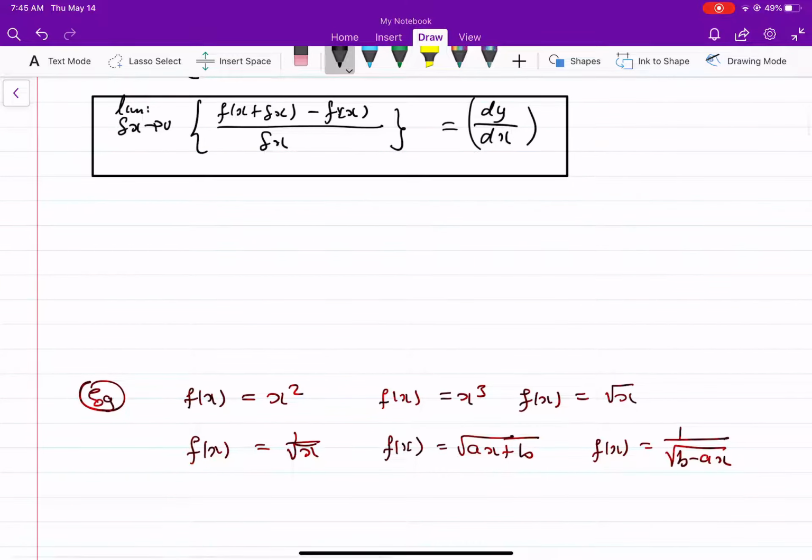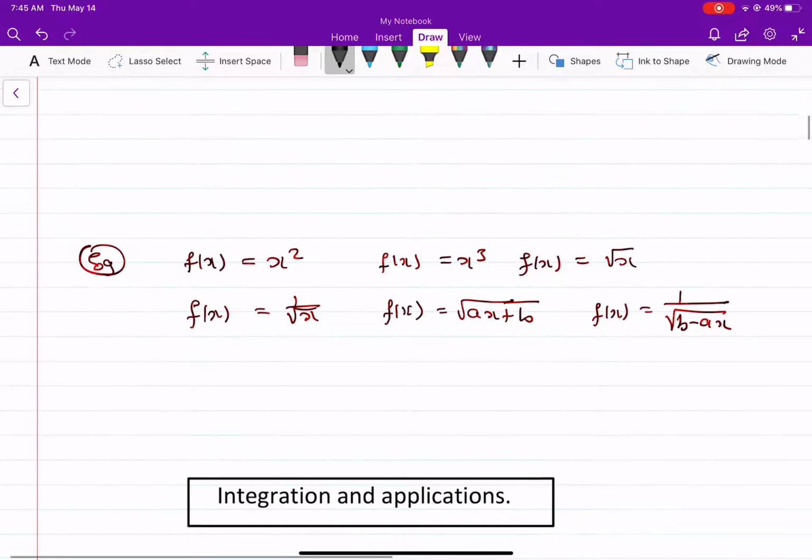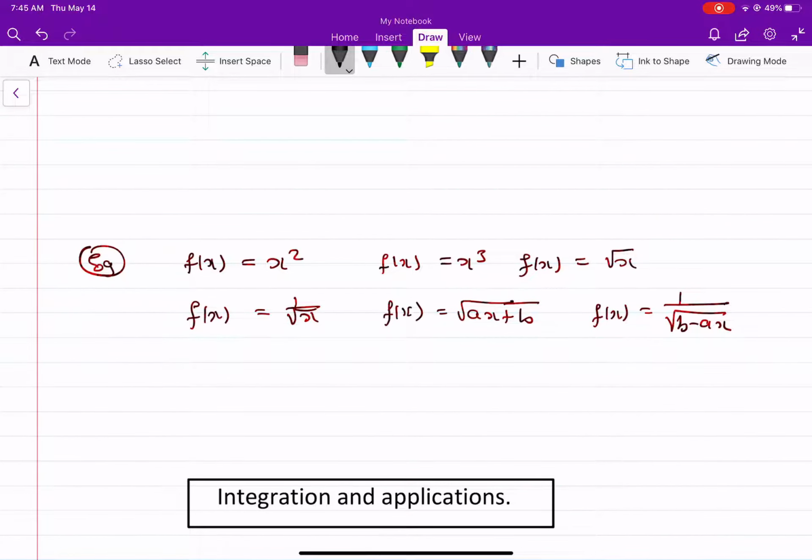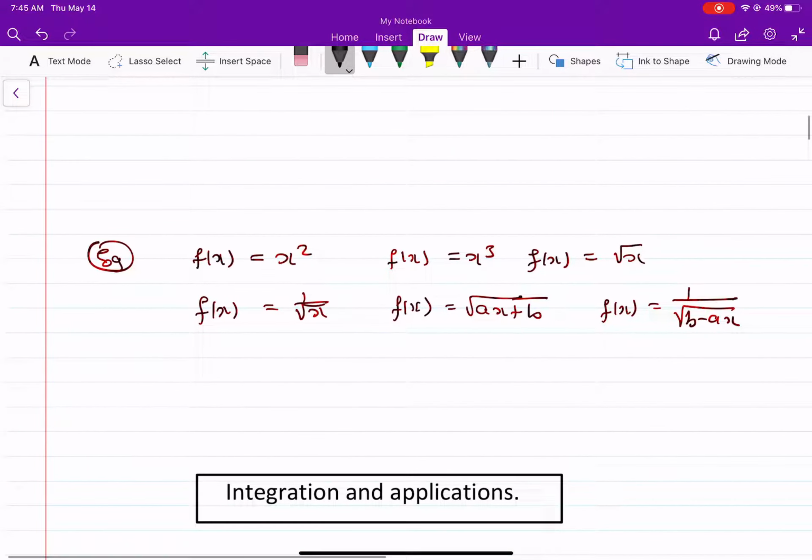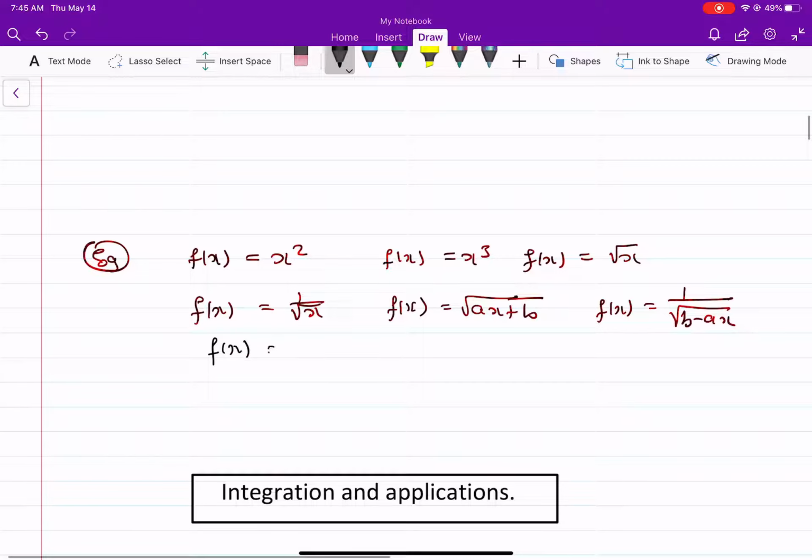So, without further ado, let's just jump right in. I have a list of the more common ones that they usually ask you to differentiate. f of x is equal to sine x, and f of x is cos 2x.